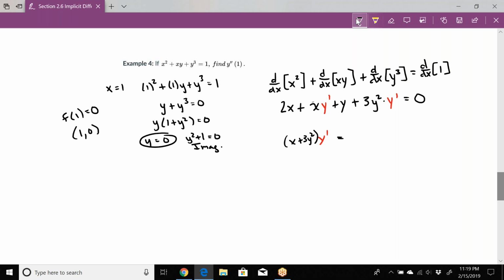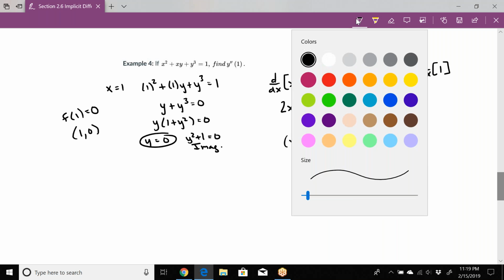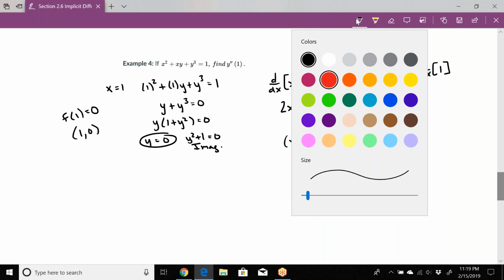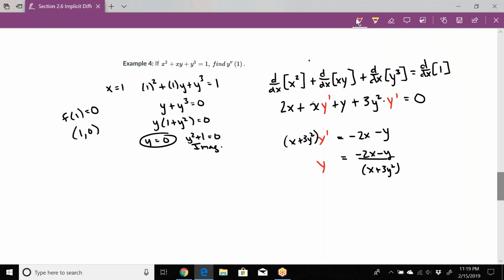I'm going to subtract the other two terms to the other side of the equation. So I get a negative 2x and a minus y. Those are the ones that did not have a y prime attached to them. And so my answer is going to be a negative 2x minus y over an x plus 3y squared. And that's going to equal y prime. And I care about this one because I need the value of y prime at 1.